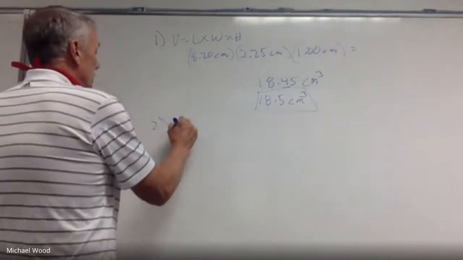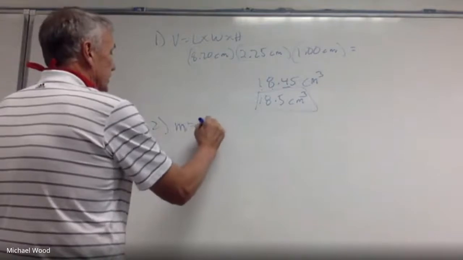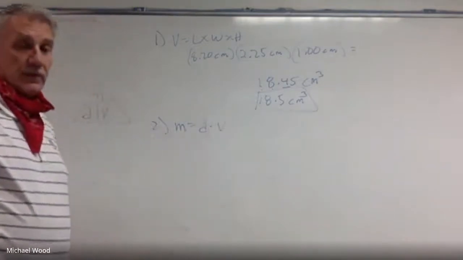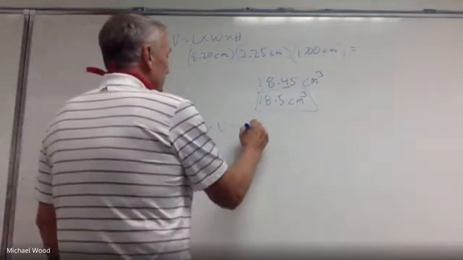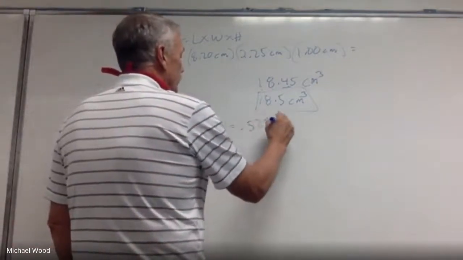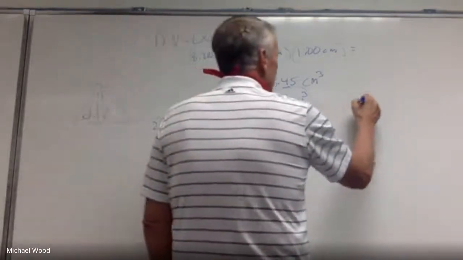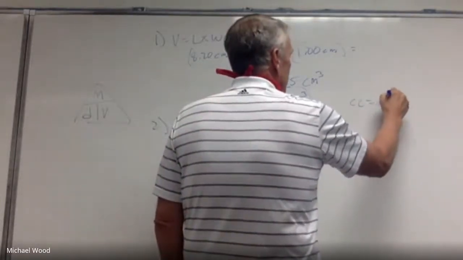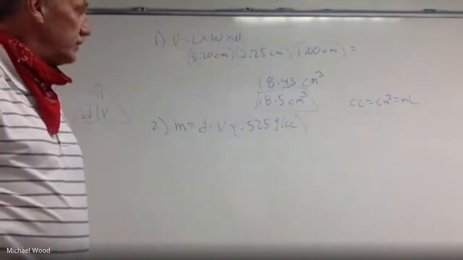So number 2, mass is density times volume. So the density is given to me as 0.525 grams per cc. A cc means the same thing as a cubic centimeter, which means the same thing as a milliliter. Those are all equivalent.